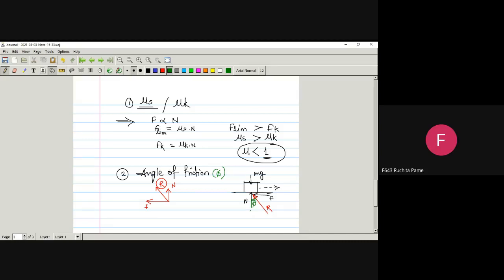Definition, write it once more: angle made by resultant of normal reaction and frictional force with respect to normal reaction is phi, the angle of friction. Did everyone understand? Done. Yes, ma'am.